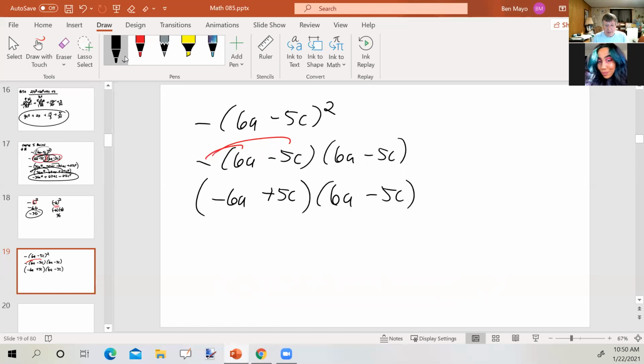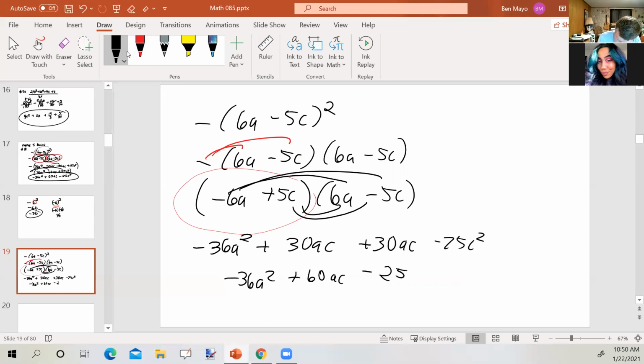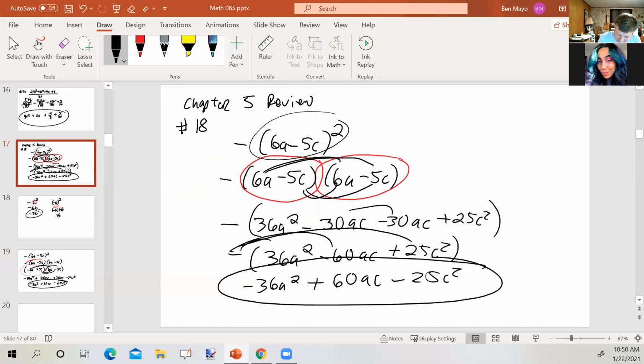Okay. Now I'm going to take that resulting parentheses and distribute that. So I'm going to get negative 36a squared plus 30ac plus 30ac minus 25c squared. Combining like terms, I get that, which is the same thing I got there.